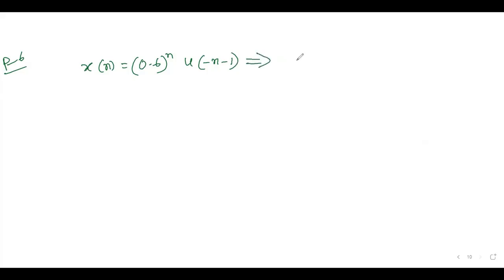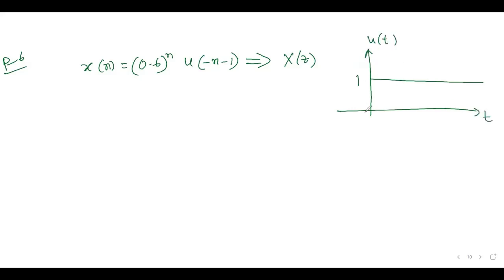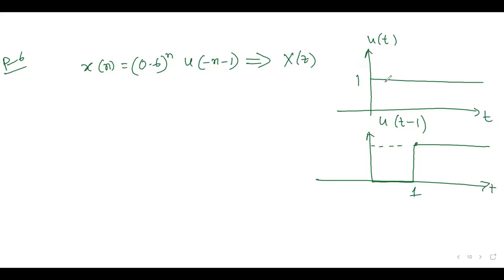So what will be the Z transform? Now, what is u[-n]? You have probably forgotten, so let me say it briefly. It extends toward minus infinity. You know u(t), the unit step function. And what about u(t-1)? It starts from 1. So u(t) is equal to 1 for t greater than or equal to 0 and 0 for t less than 0.